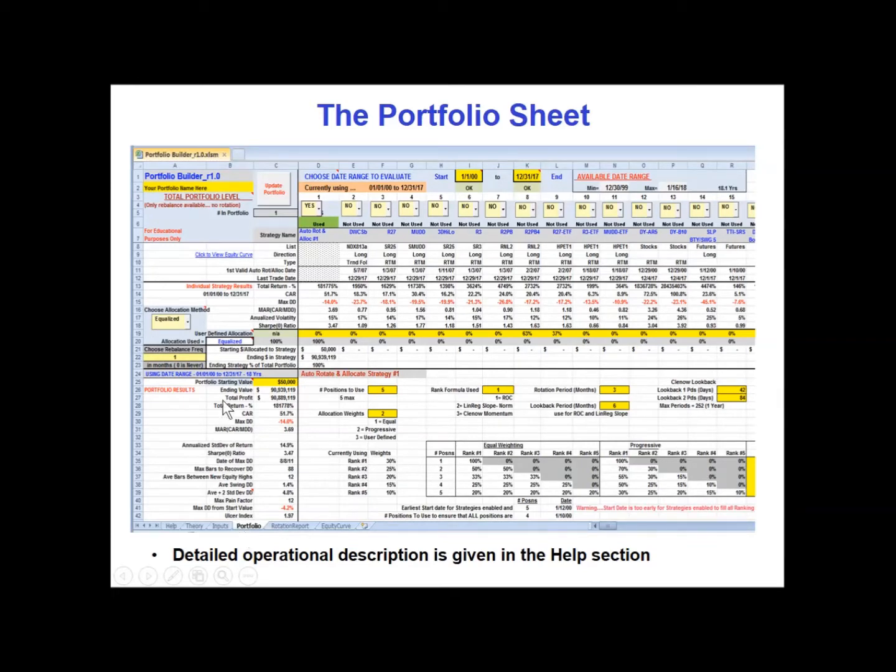Which would be best? Well, let's say you have a brokerage account and an IRA and you can't mix them, but you want to be able to rebalance different strategies. What you would do is, if you wanted to, set up auto rotate and allocate for your brokerage and give it a name, and you'll generate an equity curve, brokerage, whatever.